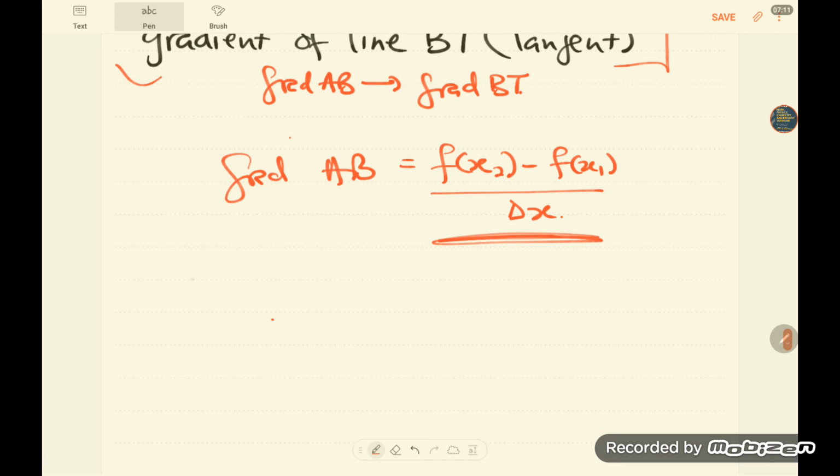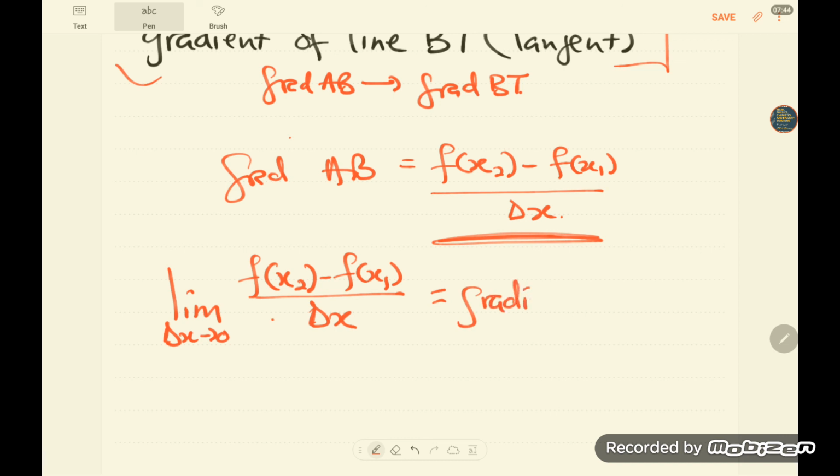So how do we write this here? It becomes: the limit as the change in x approaches 0 of f(x2) minus f(x1) over the change in x is equal to the gradient of BT.